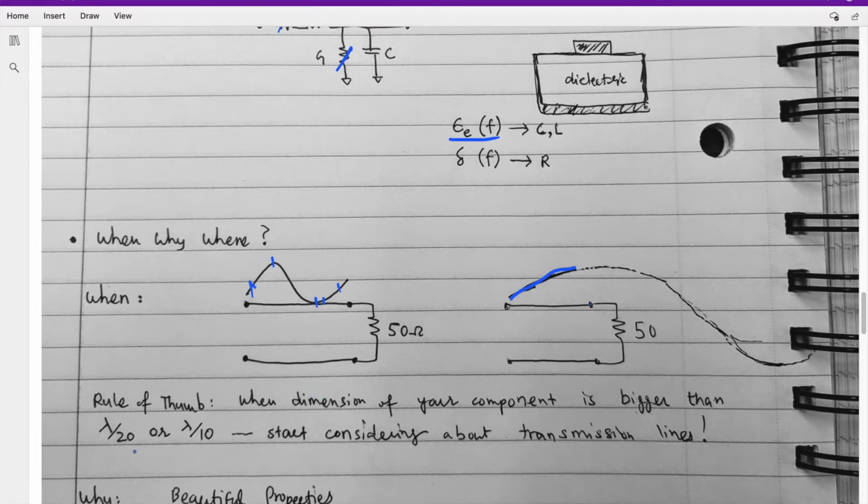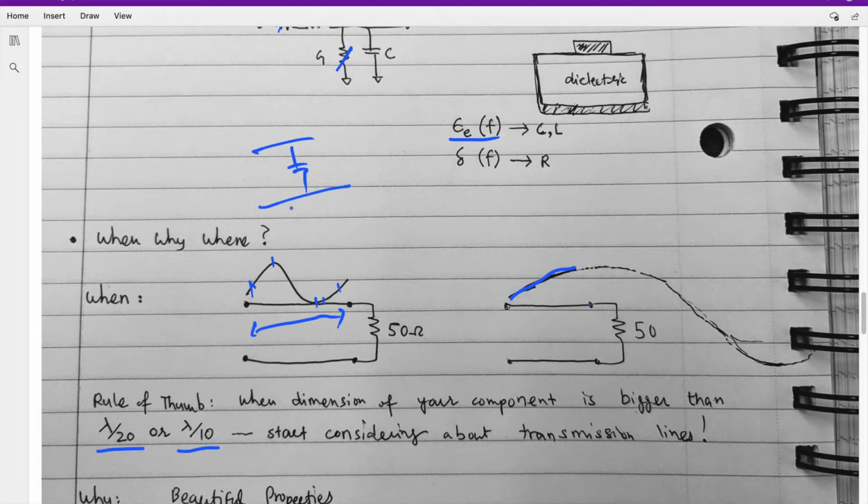Normally people will come up with this rule of thumb. They would say, okay, if this length here is lambda by 20 or lambda by 10, this is a transmission line, right? You may have heard me keep saying that at high frequencies current starts flowing through these wires because of the parasitic capacitance between the wires.